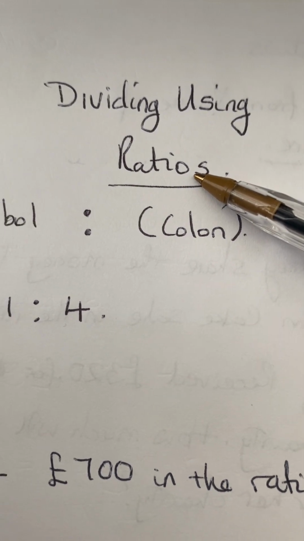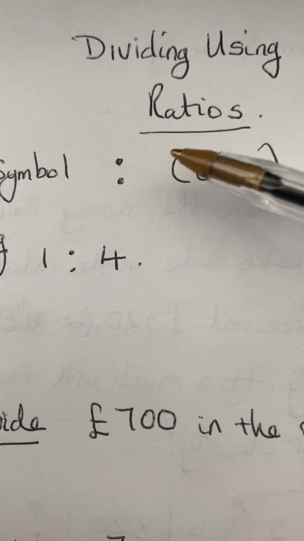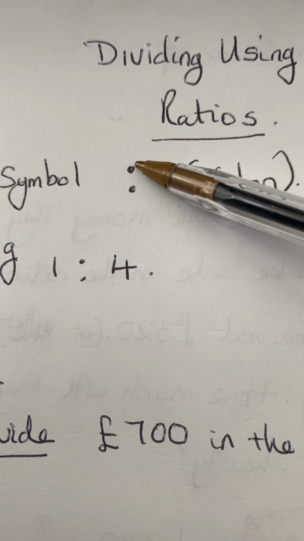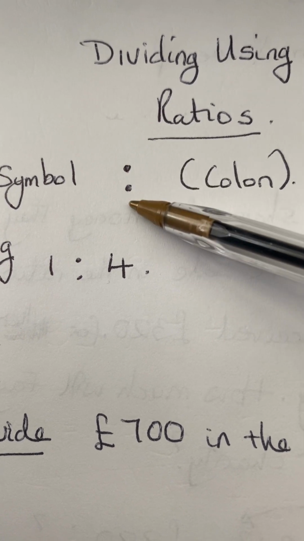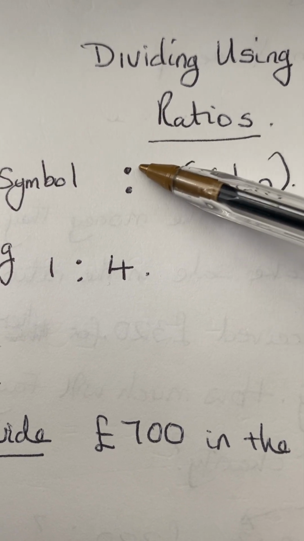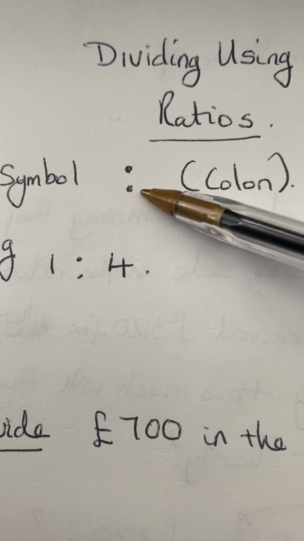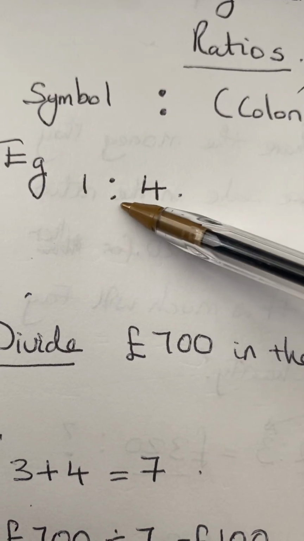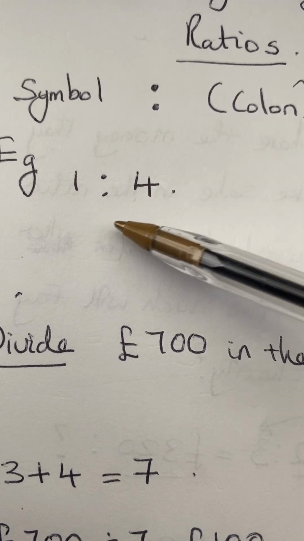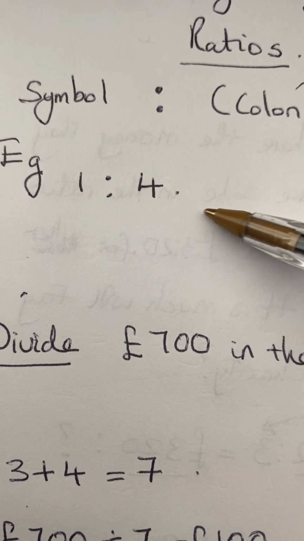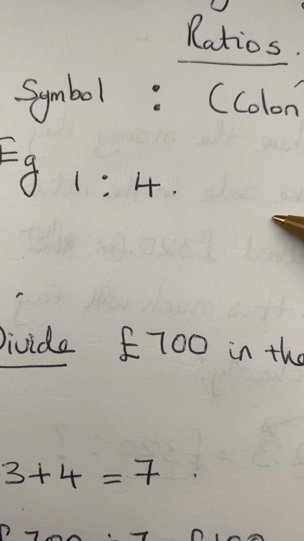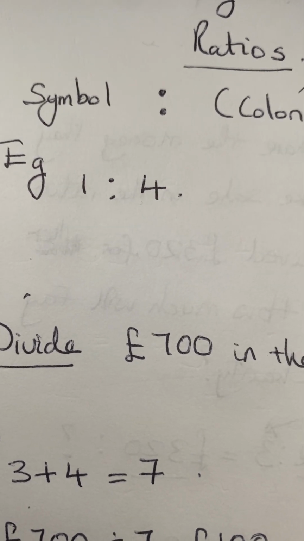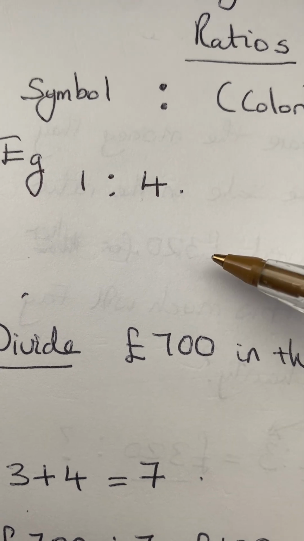In the last video, we said the symbol we use for ratios is the English colon sign. So we'll have ratios like 1:4, 1:6:8. Okay, so these are the proportions. Yesterday we also looked at proportions.